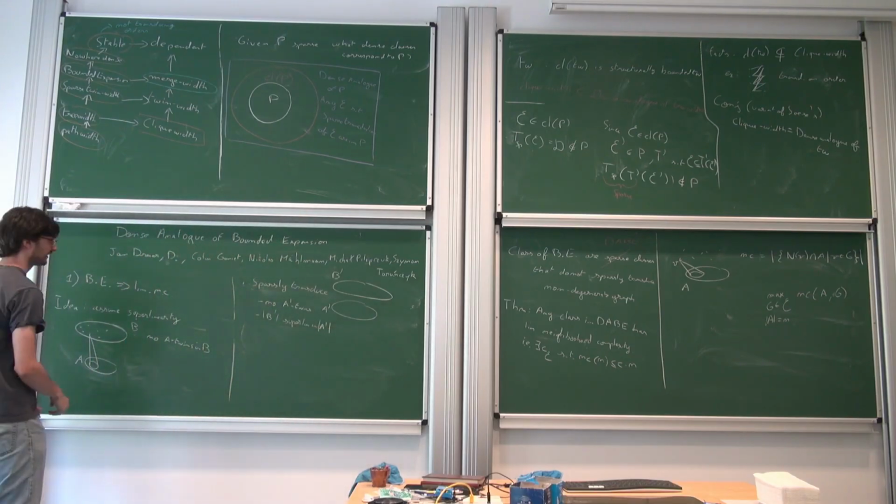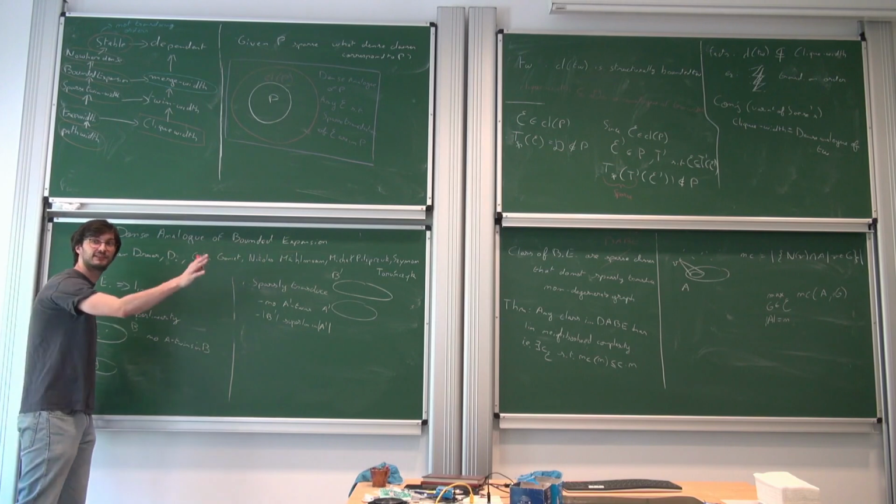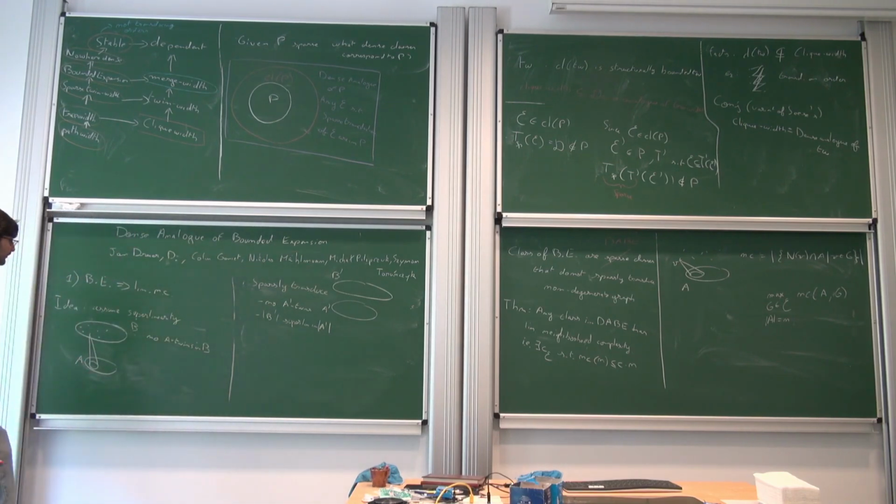Here B prime and A prime are fixed, but it's for growing sets A.